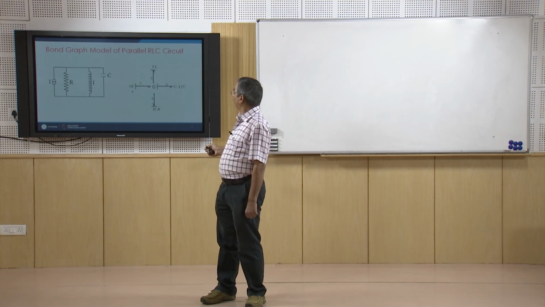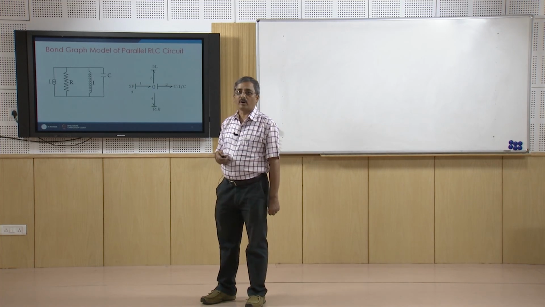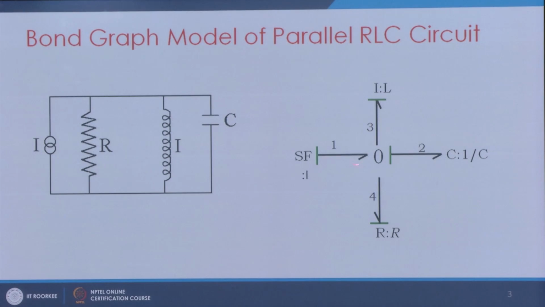And then of course, as we have done earlier, we causal this bond graph. The current source will be giving current, so the effort stroke will be coming here. The inductor will be taking effort and returning flow, the capacitor will be taking flow and returning effort, and the resistor will be taking effort and returning flow.